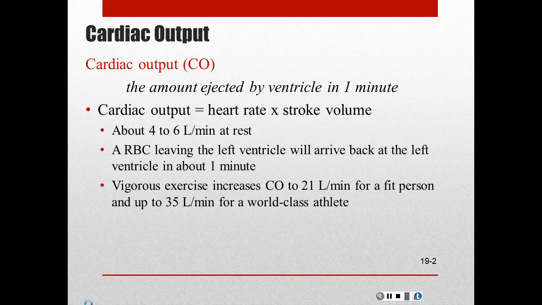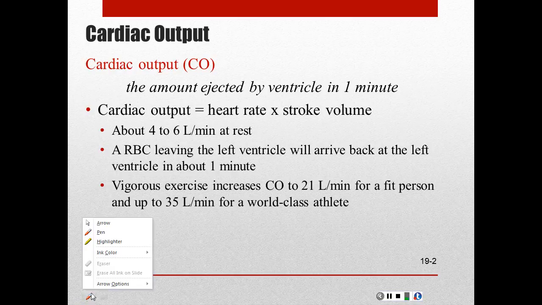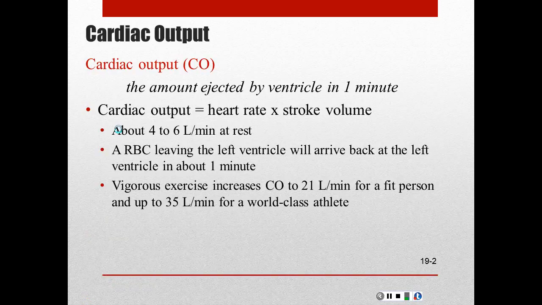But if I ask you what is the stroke volume, and I give you the cardiac output and the heart rate, what do you think you would do? You have cardiac output divided by heart rate.